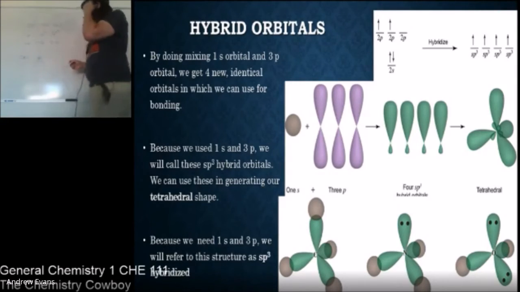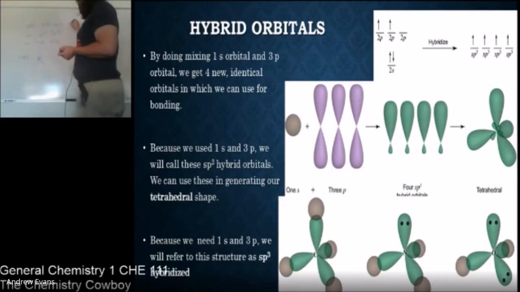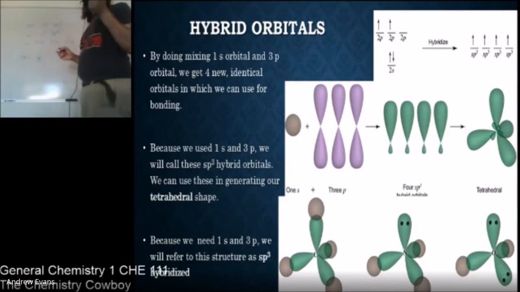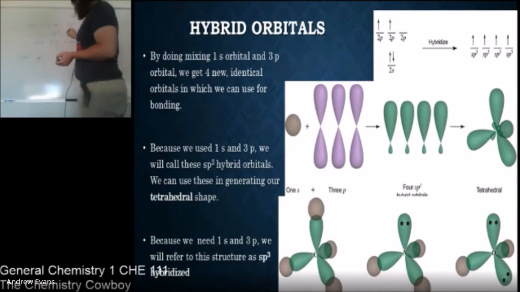What we'll get to, if I need to make 5 electron domains, I'm all out of p's. I got no more p's. I can't use any more p's. So what do I have to use? I have to use a d, because that's the next orbital available. So if I add one of the d's, I would get sp3d.